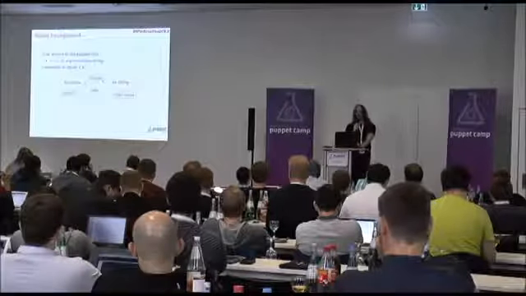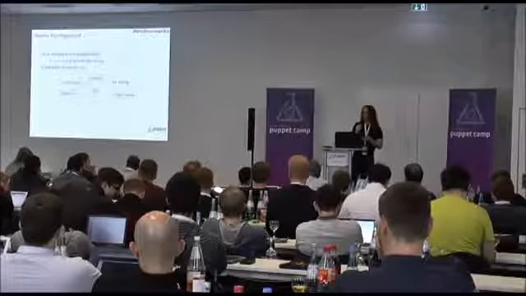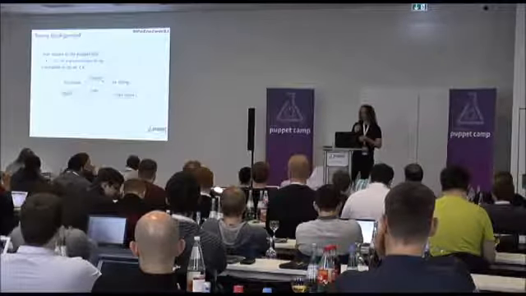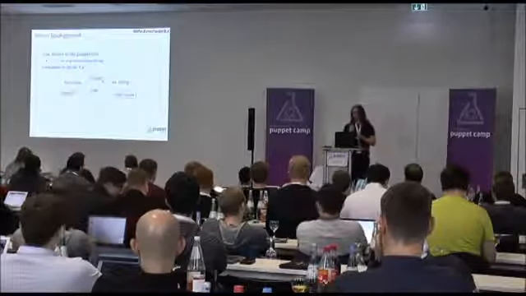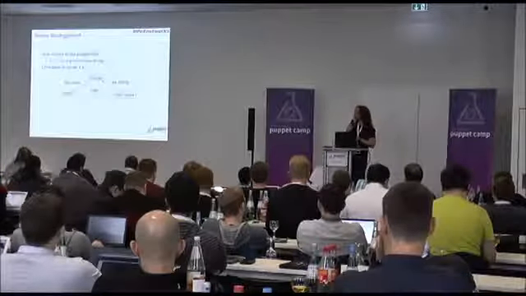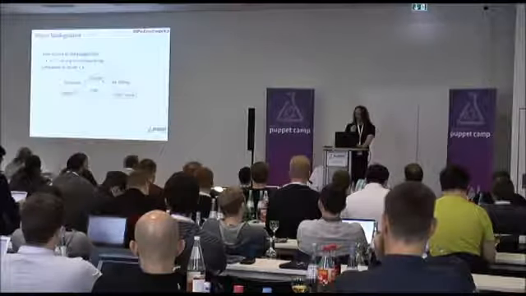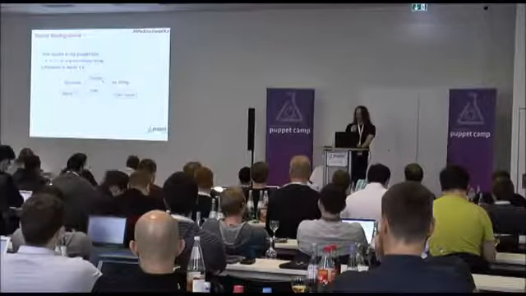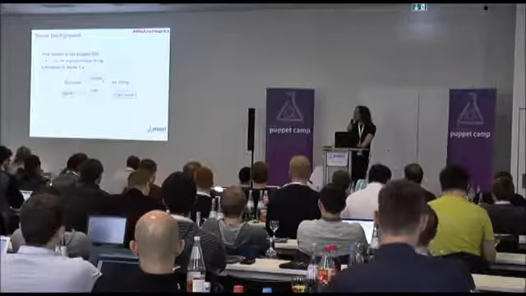As you probably know, all your facts are gathered by Ruby code. And this Ruby code can be distributed from your master. It can be installed on your machines. And the Puppet agent process will run this Ruby code to get the fact values. The fun thing in Facter 1 is that everything will be converted to string.